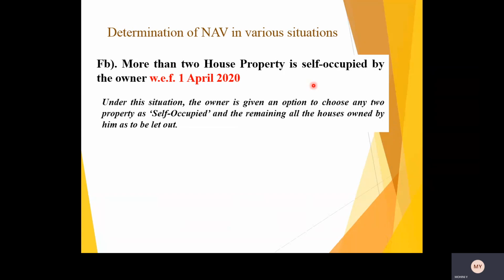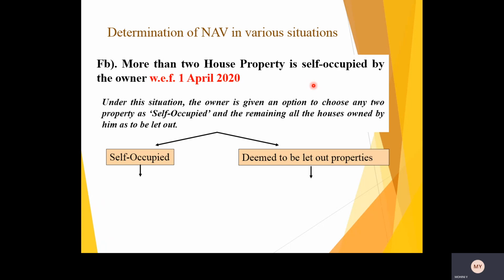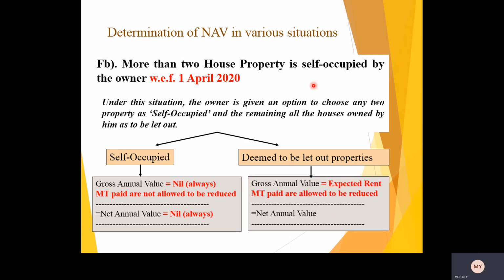So in the earlier example, the person has 4 houses, so he can be given an option to choose 2 houses as self-occupied and the other 2 houses as deemed to be let out. Everything else is the same. It's just that prior to 1st April 2020, the option was only for 1 house. Now it is given up to 2 house properties.